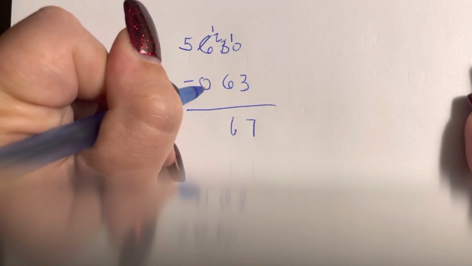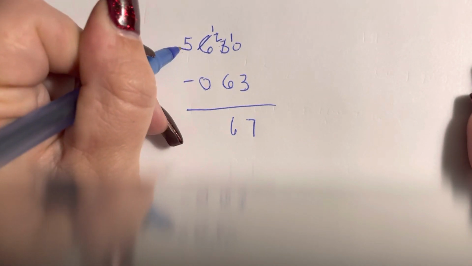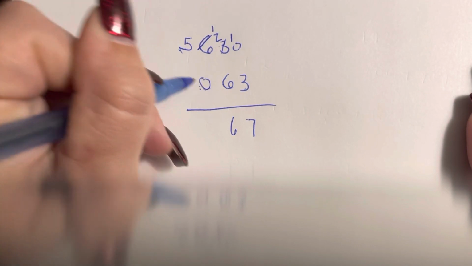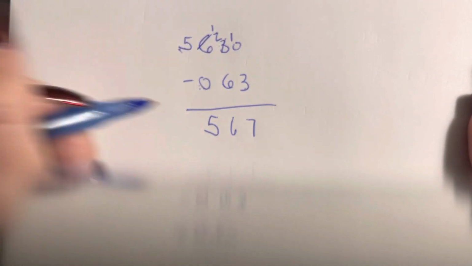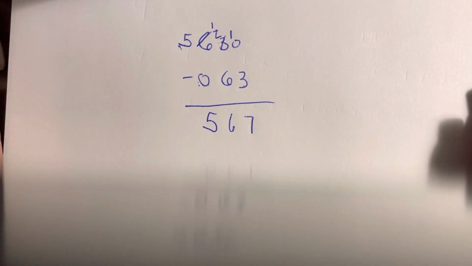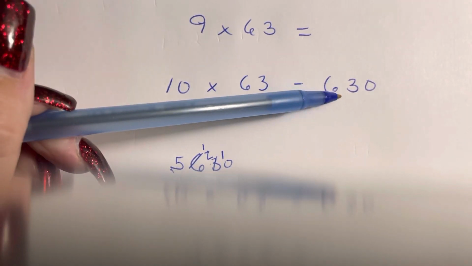So because this number is less than this number, there's more on the top, no need to stop. So you know that you can take, and if you have 0, you're not taking anything away, so that just becomes 5. So that's how I would solve that problem. So if you had 10 groups of 63, you would have 630.